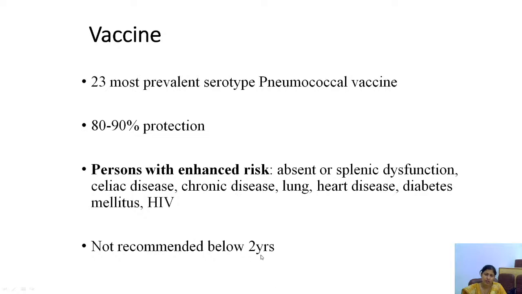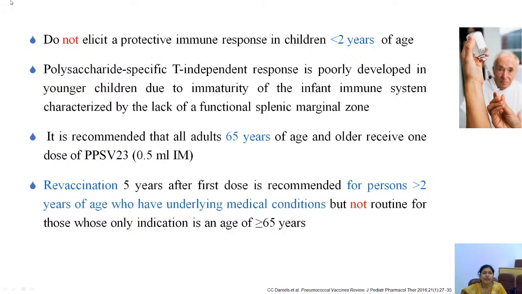It is not recommended below 2 years. Now why is it not recommended below 2 years? Because it does not elicit any protective immune response in children less than 2 years. For all polysaccharide vaccines, the polysaccharide specific T independent response is poorly developed in younger children due to immaturity.